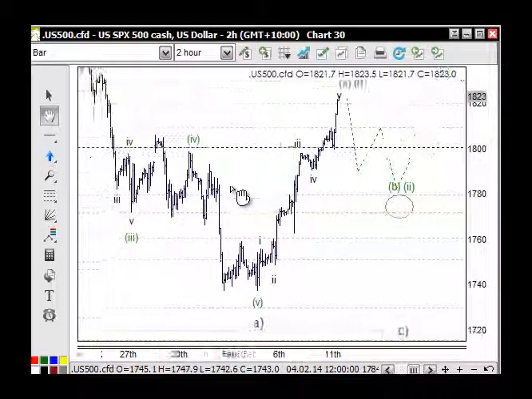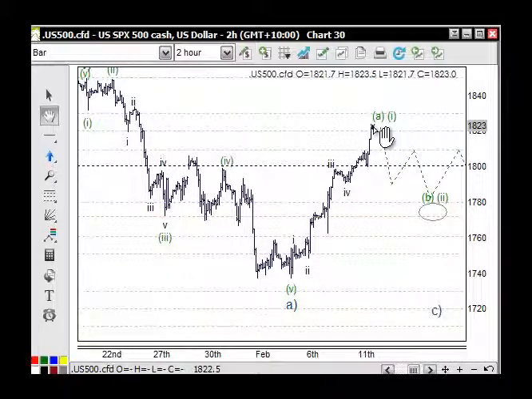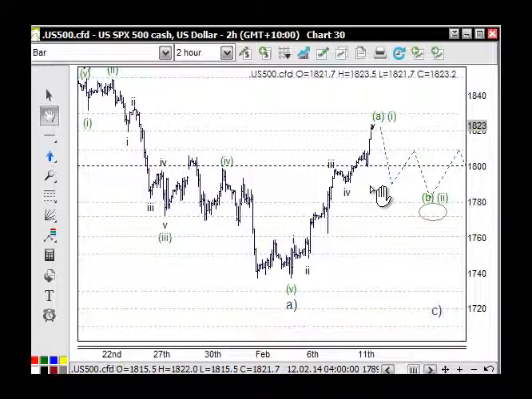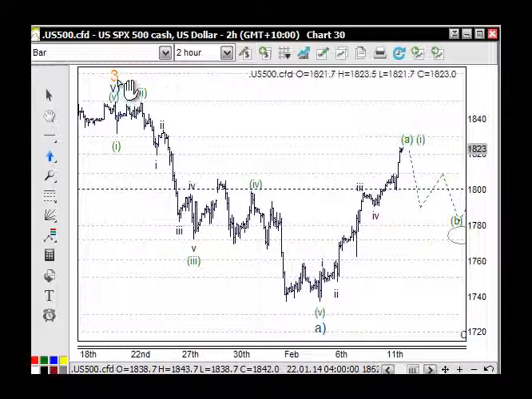And the other important thing, as I mentioned yesterday as well, is that this move up here is quite strong for an A wave. I mean, an A wave in an ABC correction is normally the sharpest. So it's sort of okay in a way, but as I mentioned yesterday, this move down from the top of wave 3 here, we have counted it as a 5-wave structure, and it fits quite nicely.